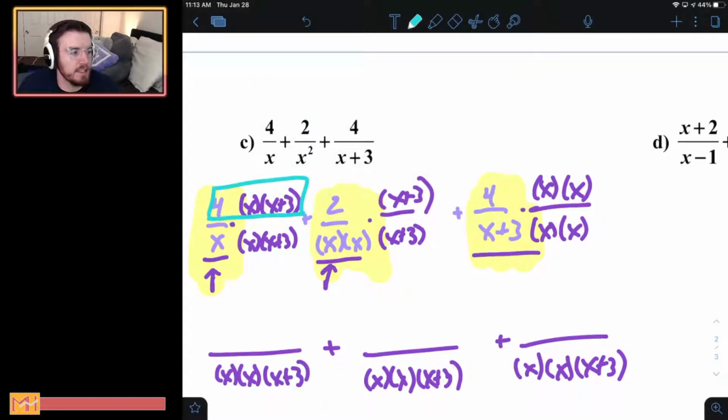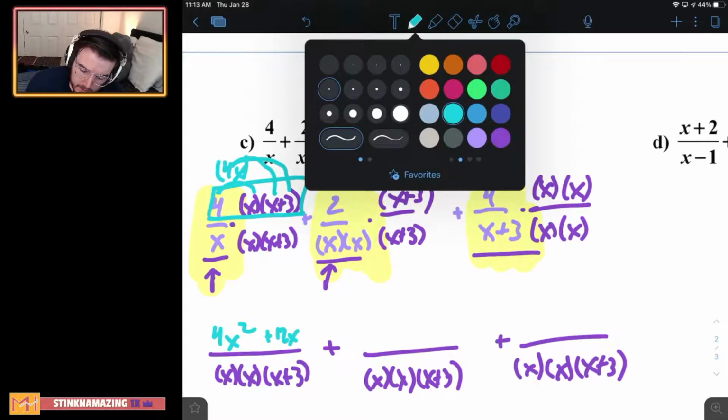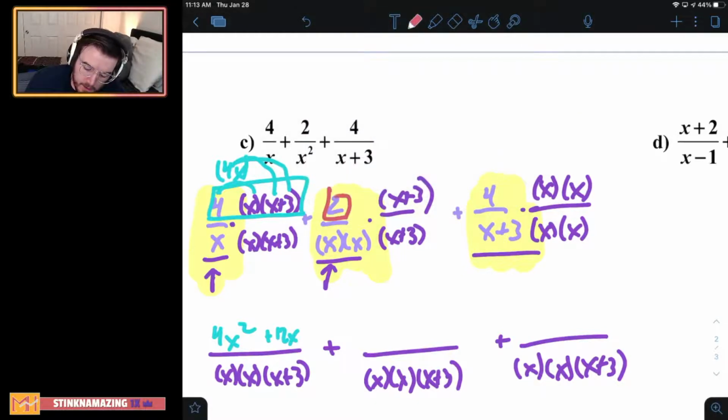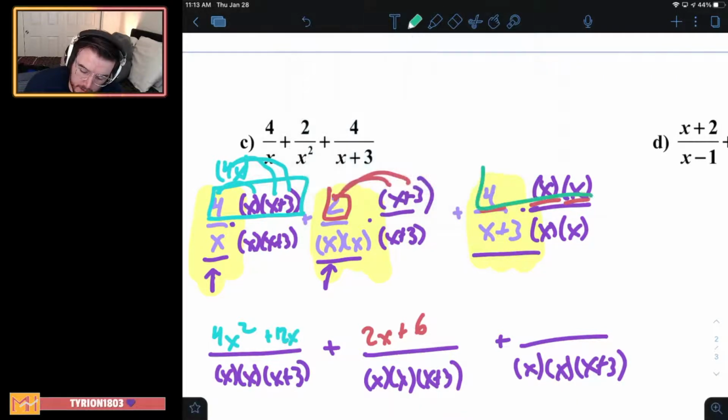4 times x is 4x, and then 4x times x is 4x squared, and 4x times 3 is 12x. 2 times x plus 3 is 2x plus 6, and then 4 times x is simply 4x squared.